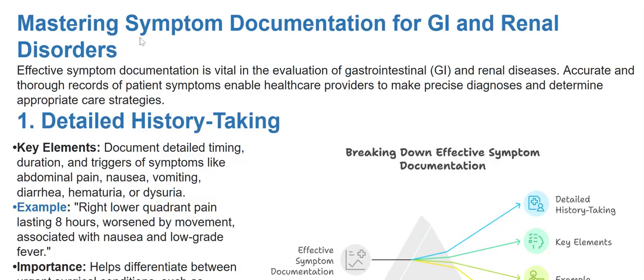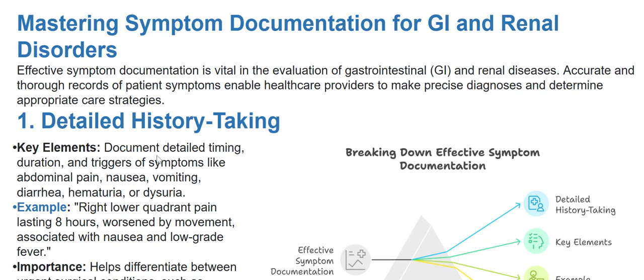Key points: mastering symptom documentation for GI and renal or kidney disorders. Effective symptom documentation is vital in the evaluation of gastrointestinal, GI, and renal or kidney diseases. Accurate and thorough records of patient symptoms enable healthcare providers to make precise diagnoses and determine proper care strategies. Detailed history taking.